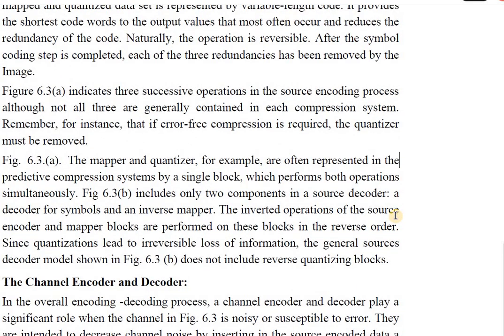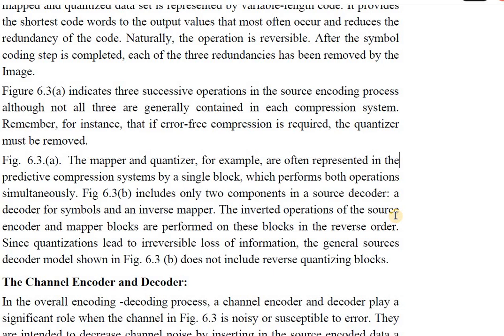Now the next question is, will every compression system perform all these 3 operations? The answer is no. Depending upon the type of compression you are performing, many a times only 2 of the blocks will be there.